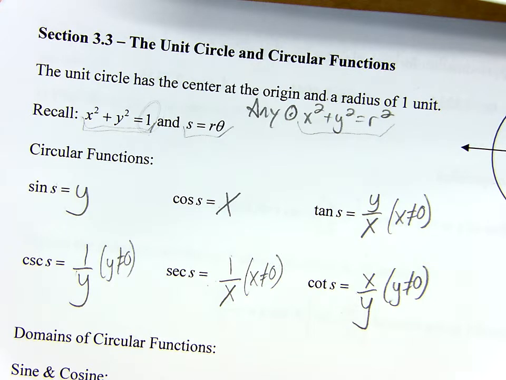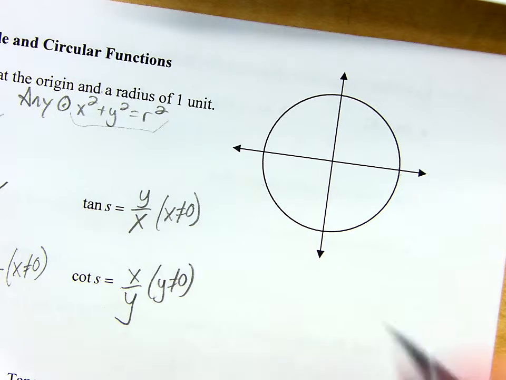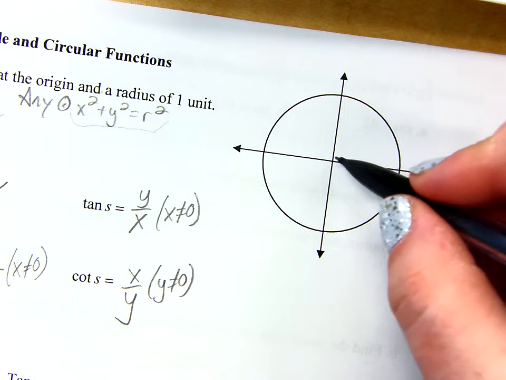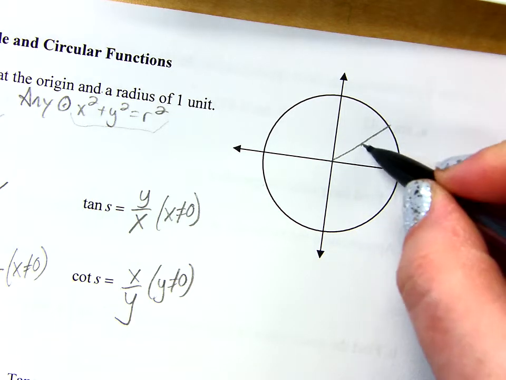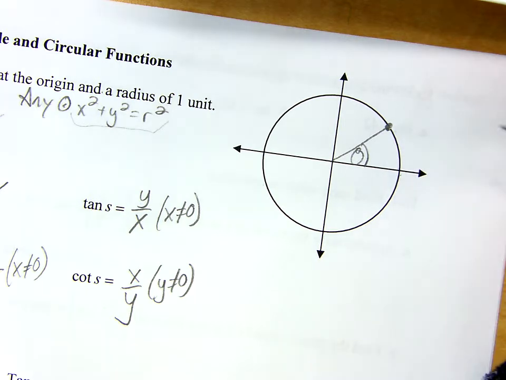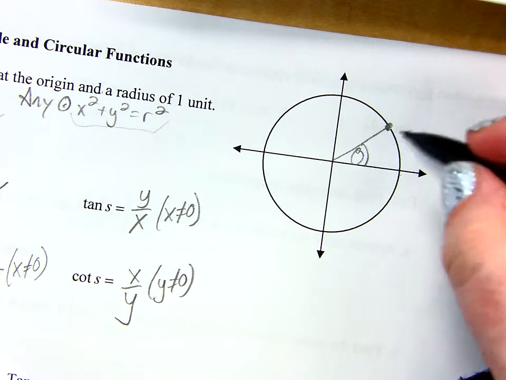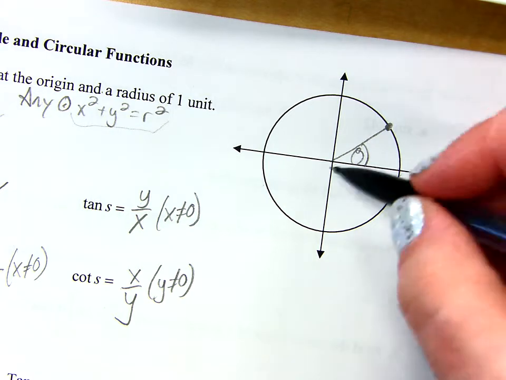Okay, so here's basically what we're going to be doing. You're going to have some value of theta, and we're going to try and locate where that is on the coordinate plane. Like, what's that ordered pair? And how can we do that?